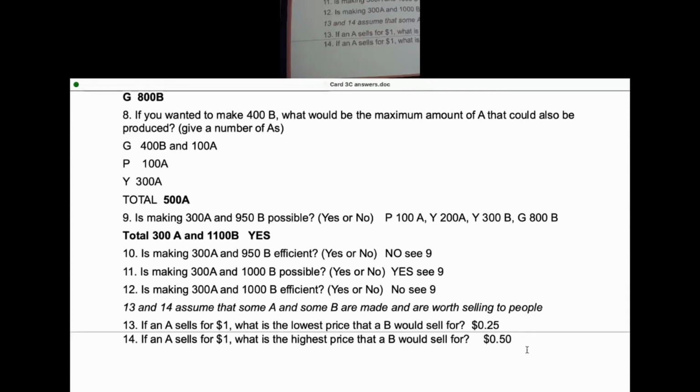It's not that all the producers, yellow, purple and green, are all making B. Somebody's still got to be making A, which tells us that at the very least, since the lowest cost maker of A is purple, purple's still making some A. We don't necessarily care what other producers are making, and purple might be making some B also, but not everybody in purple has gone over to making B. Some of them are still making some A, and that's why the purple cost of making an A is what determines that price.